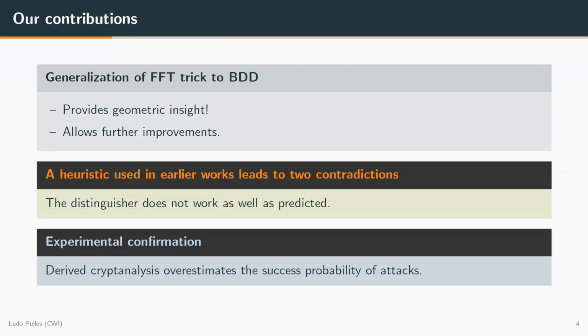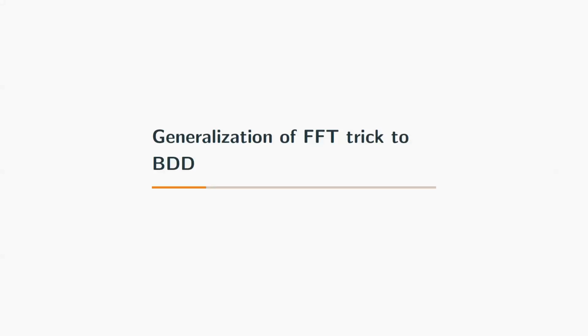We also did some experiments on this, and these also show some deviation from the prediction in practice on small instances. But overall, we conclude that this cryptanalysis derived from the heuristic ultimately overestimates the success probability of the attacks, also in the big attacks against crypto schemes. So let me start off with explaining what the dual attack is by giving our general framework for this dual attack.